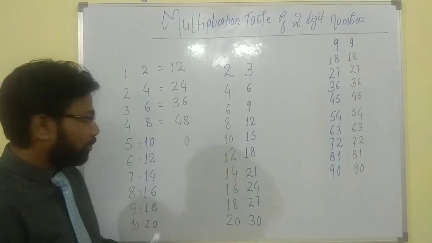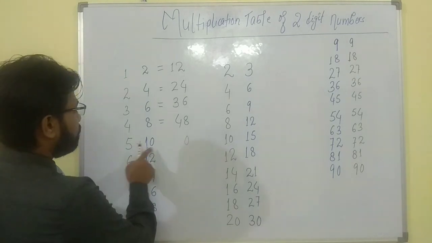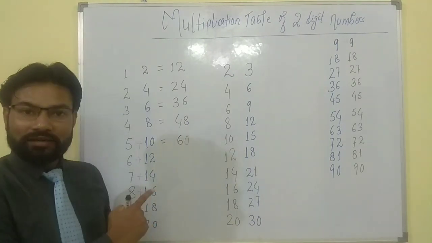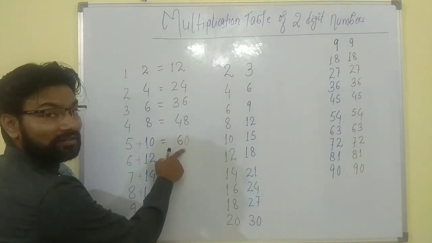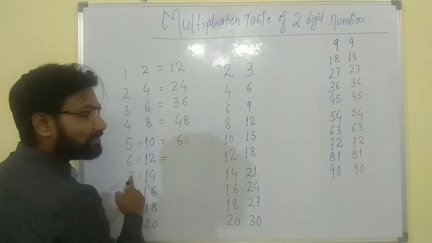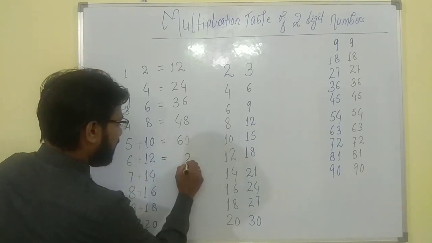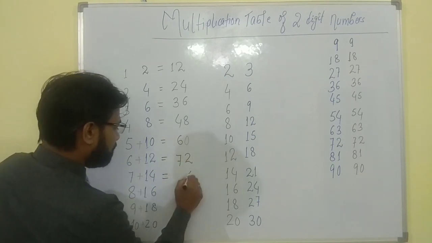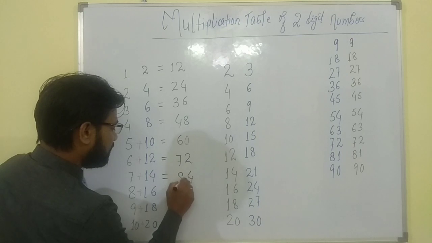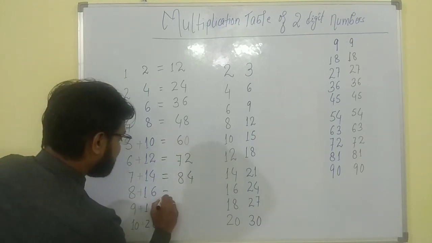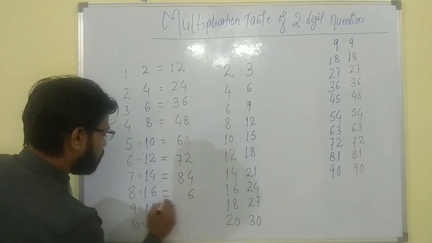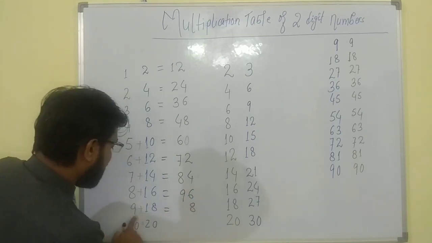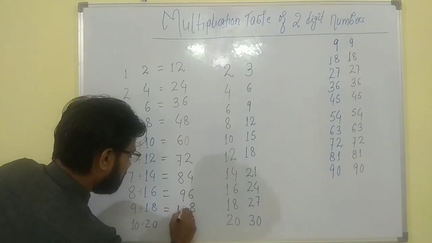Let's see what we get. 0 we have written, 5 plus 1, 6, so 60. 12 fives are 60, we know that. 12 sixes: 2 at unit place, 6 plus 1, 7. 4 at unit place, 7 plus 1, 8. 6 at unit place, 8 plus 1, 9. 8 at unit place, 9 plus 1, 10.